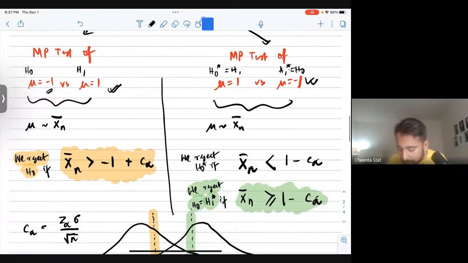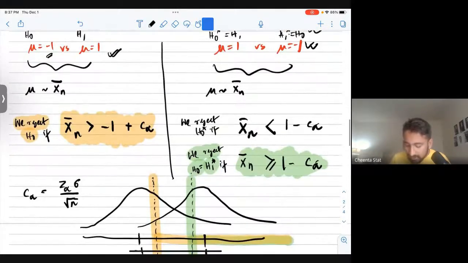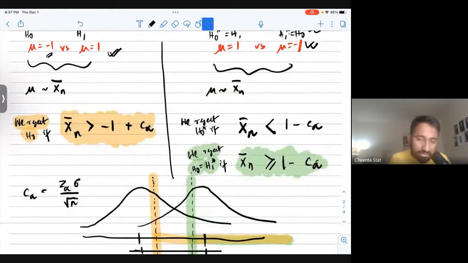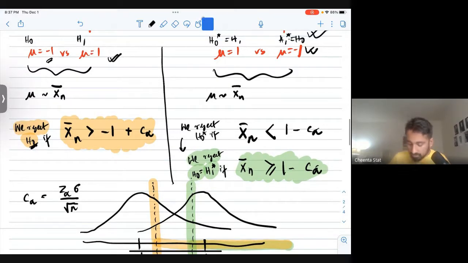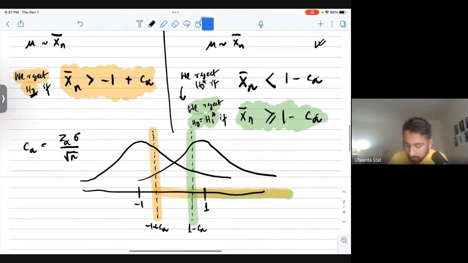And if we find the MP test of the other case, we reject H naught star, that is mu equal to 1, if Xn bar is less than 1 minus c alpha, the same c alpha. That is, we reject mu equal to minus 1 and accept mu equal to 1 in the right hand case if Xn bar is greater than or equal to 1 minus c alpha.